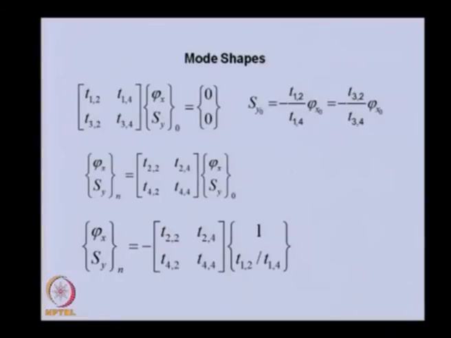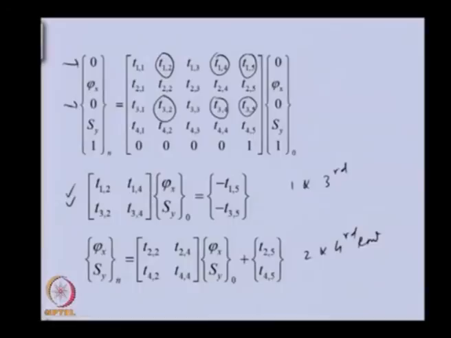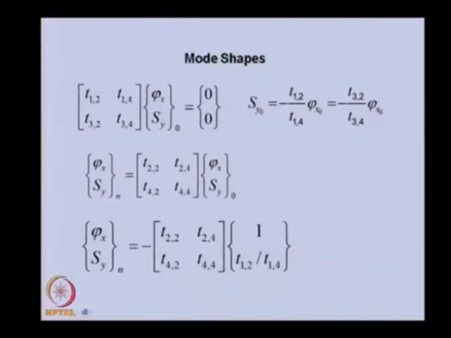Now, this is the second set of equations which we obtained, this one. Here we are equating this to 0 because there is no unbalanced force, and using this equation here, let us assume this angular displacement as unity.